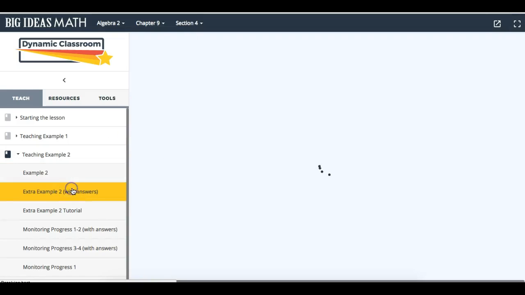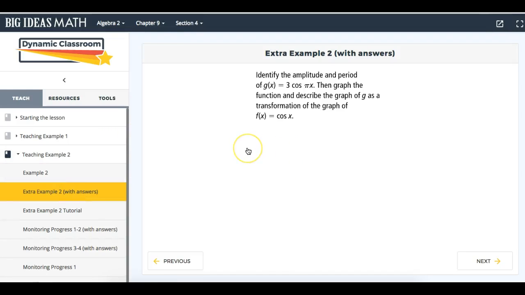What I want you guys to do is look at this function here. We've got 3 times the cosine of pi x. I want you to identify the amplitude, the period, the maximum value, and the minimum value.